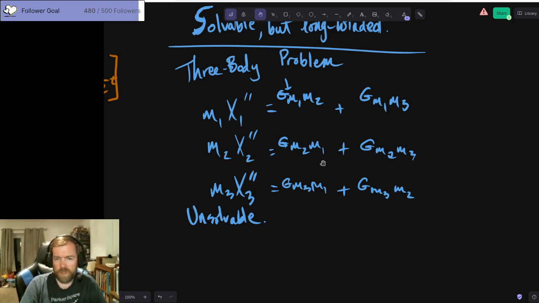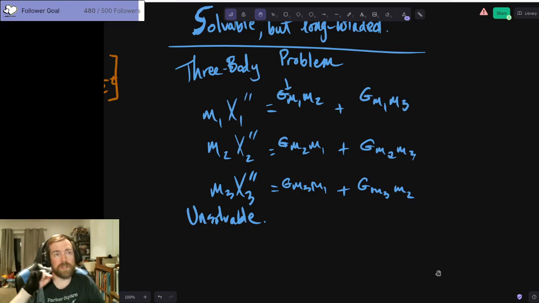So from 2, a 2-body system requires 2 terms and 2 equations. A 3-body system requires a 3 by 3, so that's 9. A 4-body system requires a 4 by 4 in order to express all the individual terms. So that's 16. Again, it's just going to keep increasing by the square.